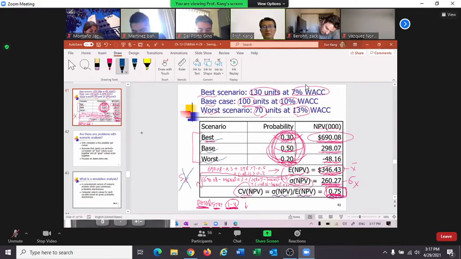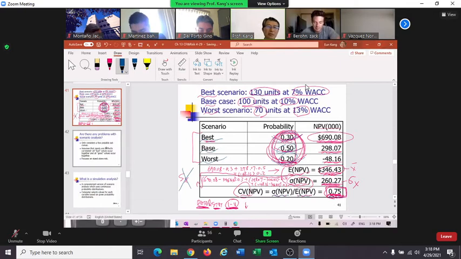Sensitivity analysis just gives you facts, right? But scenario analysis gives you some scenarios and some possibilities like this, right? So it is better than sensitivity analysis. So if you can figure out some probabilities, then you may set up scenario analysis in addition to sensitivity analysis. Then your report may be more complete.